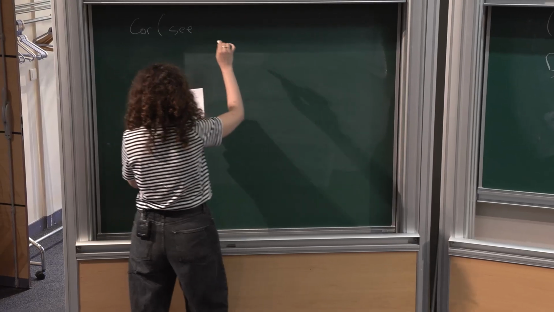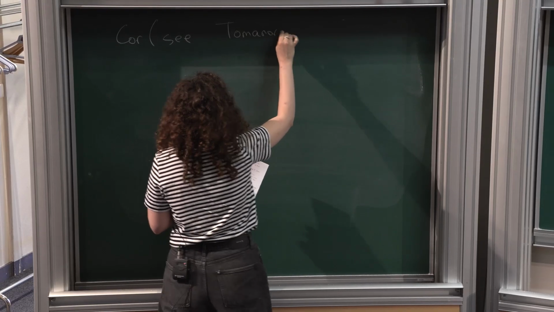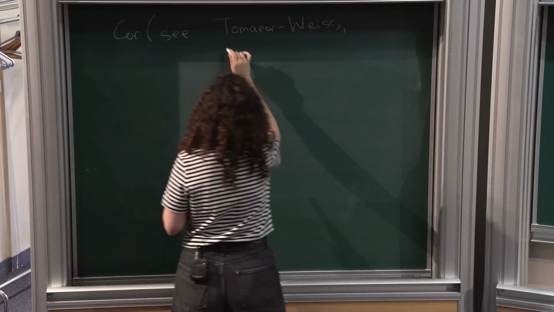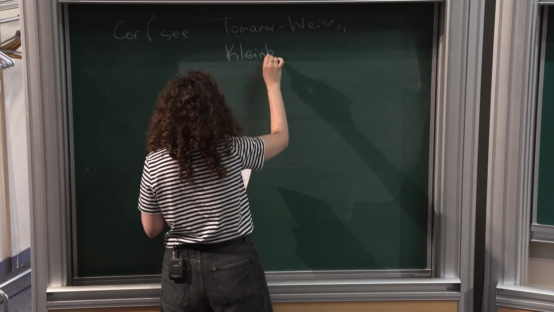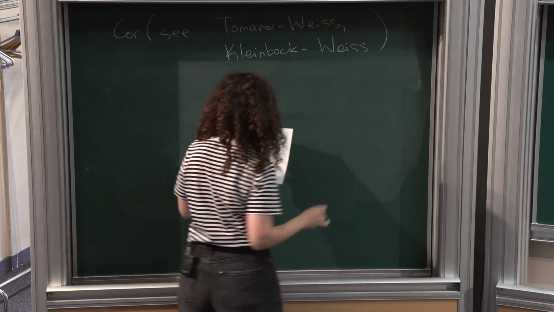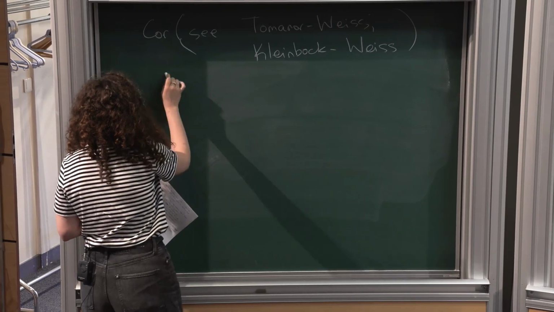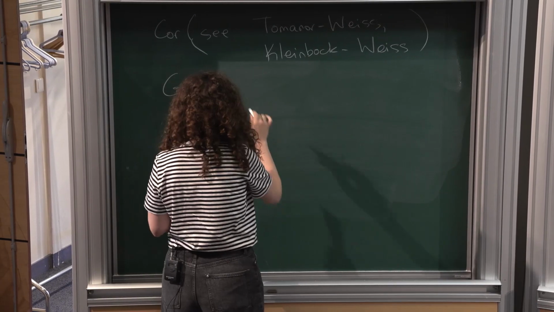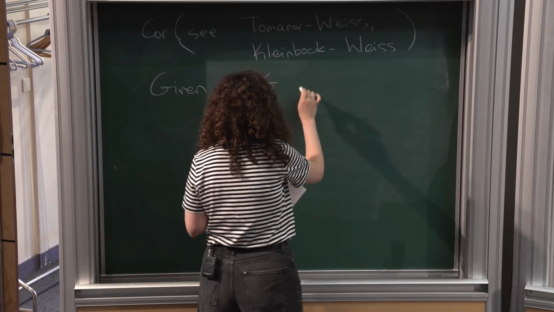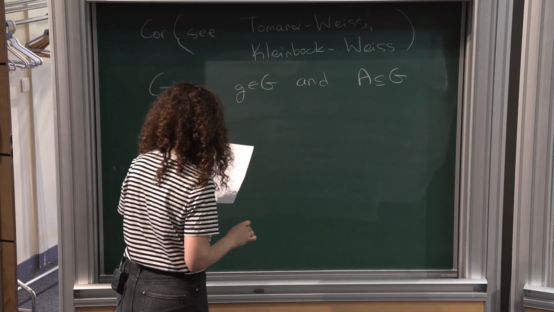But you should also see Tamam, Weiss and Kleinbock, Weiss, who are the ones who actually proved this compactness criterion in a different way, in a more algebraic way. I thought the geometric perspective is nice, but originally it was done with algebraic tools.